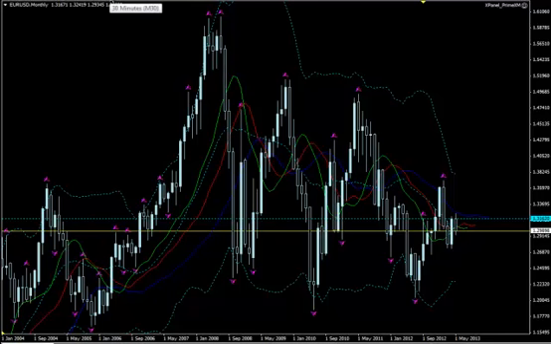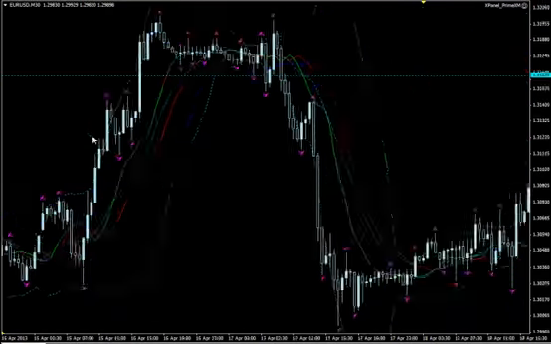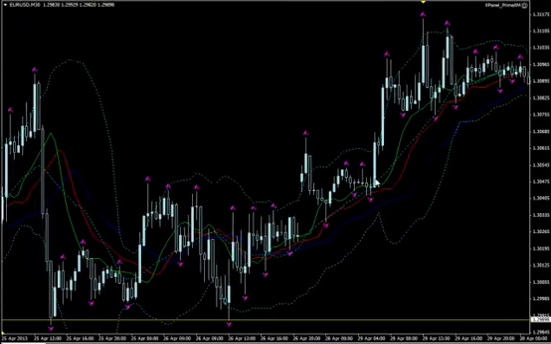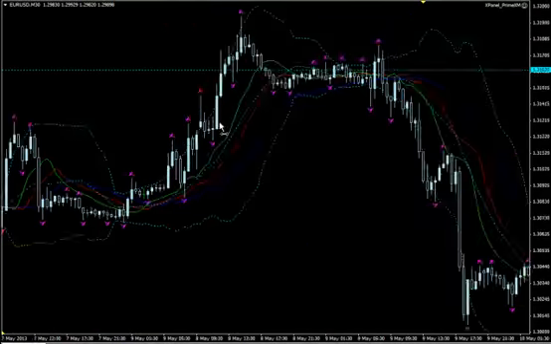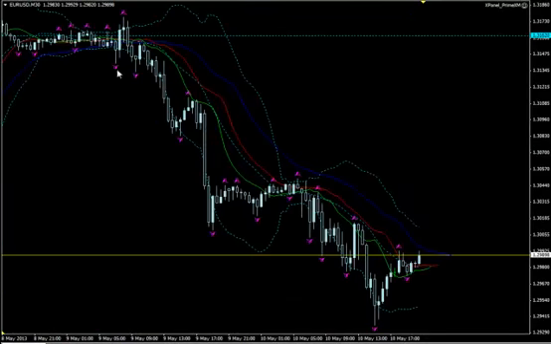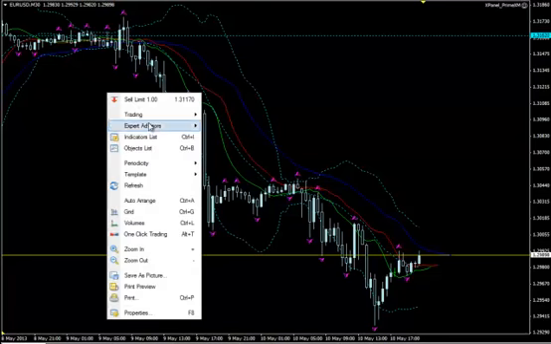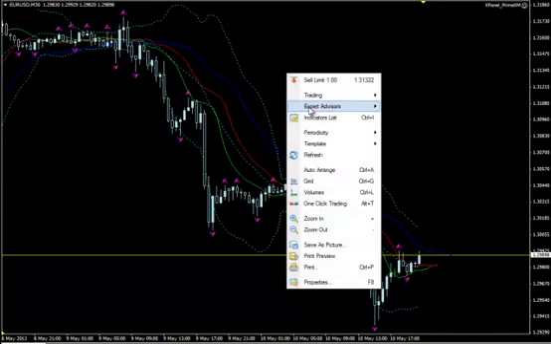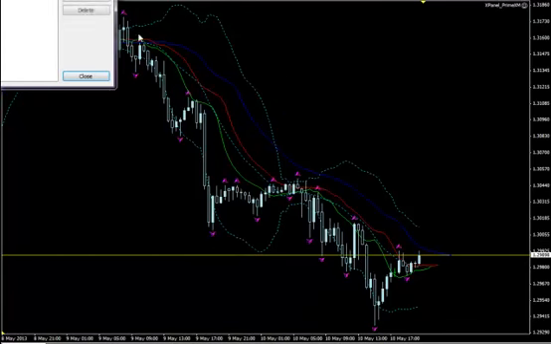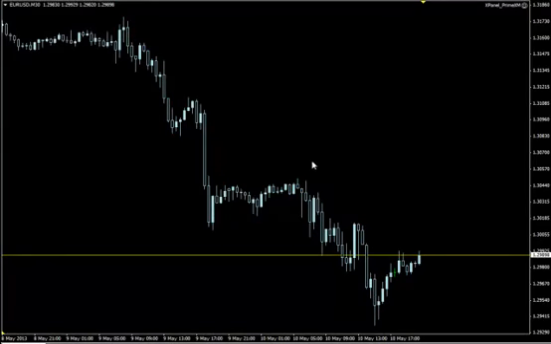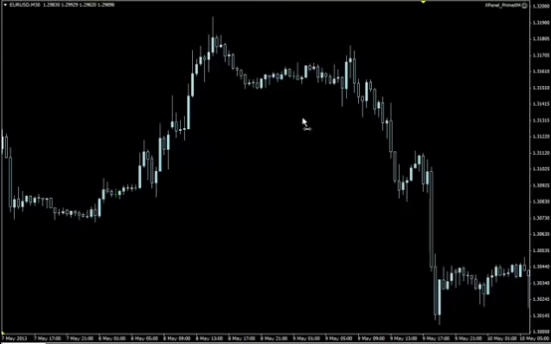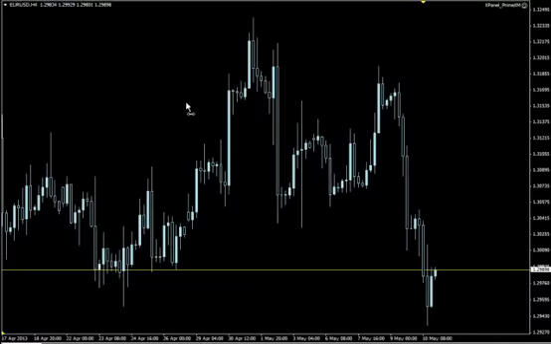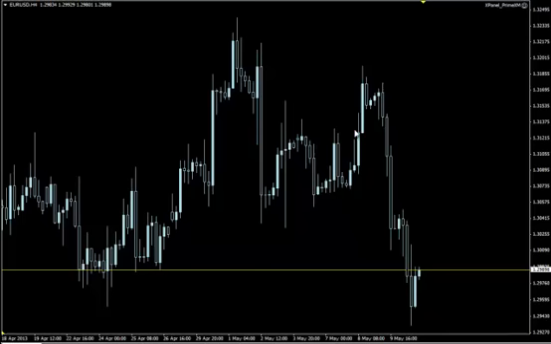Now let's go back to our M30 chart, and let's use a different set of tools to see how things look like and how things are going. I'm going to remove these tools, and I'm going to use, here is the H4 chart.